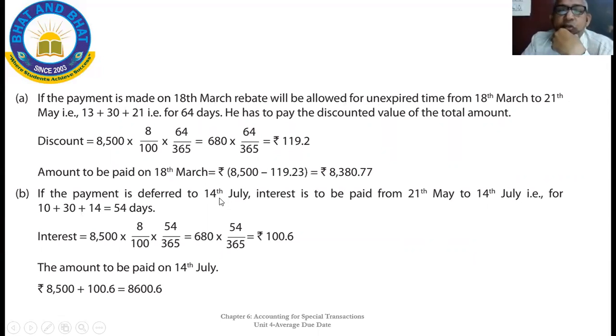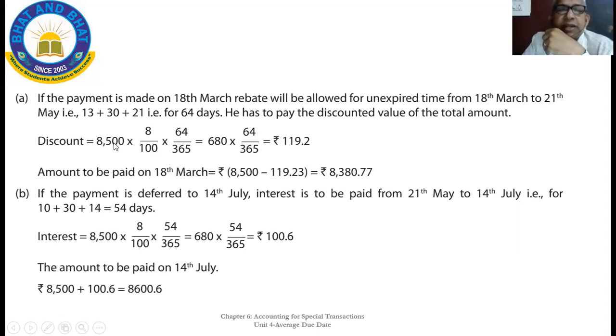If it is 14th July, that is after May 21st, hence from May 21st to 14th July interest applies. See, rebate calculation, 18th March to 21st May: March 13 days, April 30 days, May 21 days. Total comes to 64 days.